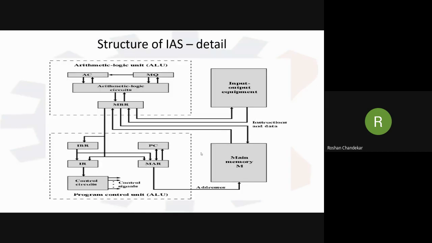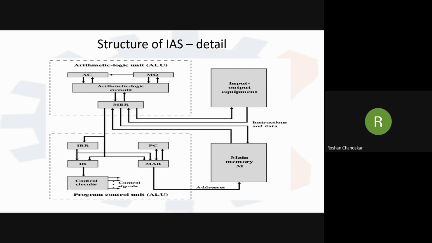So here is the structure of the IAS, the Institute of Advanced Studies. In the structure of the IAS there is one arithmetic logic unit, where there is an arithmetic logic circuit, and second there is a program control unit.